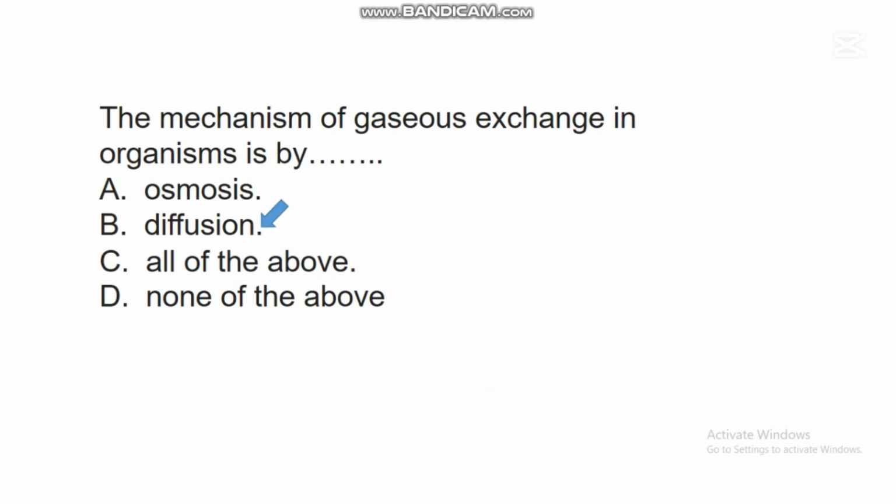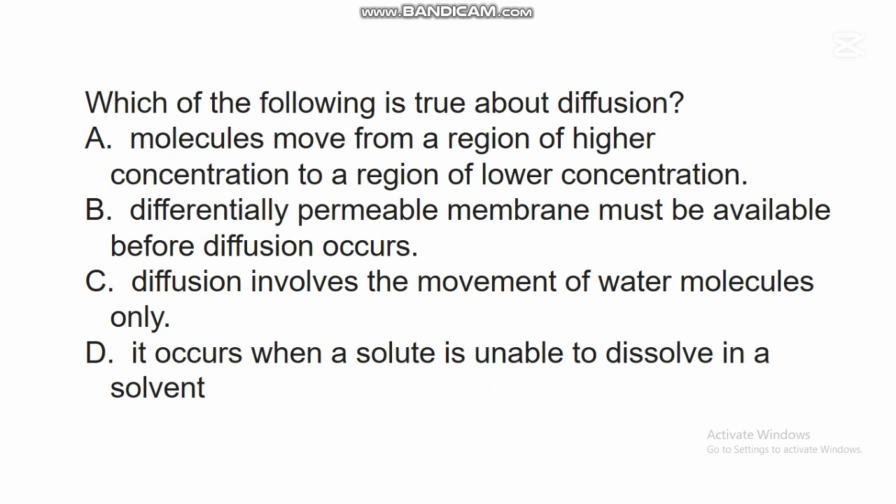The next question says, which of the following is true about diffusion? A. Molecules move from a region of higher concentration to a region of lower concentration. B. Differentially permeable membrane must be available before diffusion occurs.